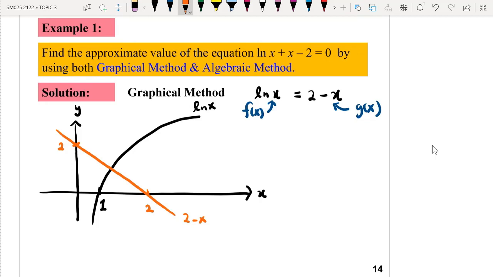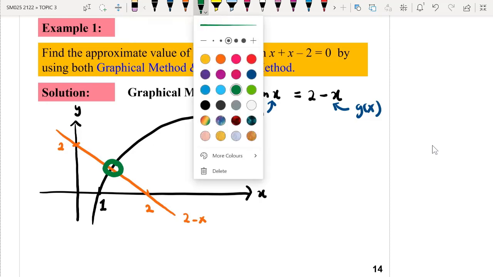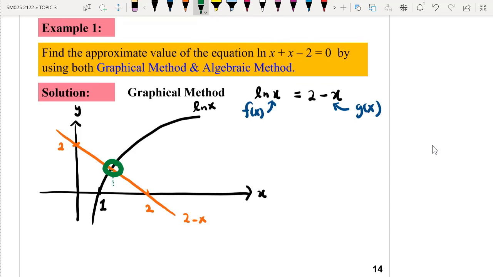Okay, so based on this graph, the root, or the approximate value of our solution, will be the intersection between these functions. So I'll put a circle there for the intersection of the graphs. So here we know that the root is in the middle between x equal to 1 and x equal to 2.